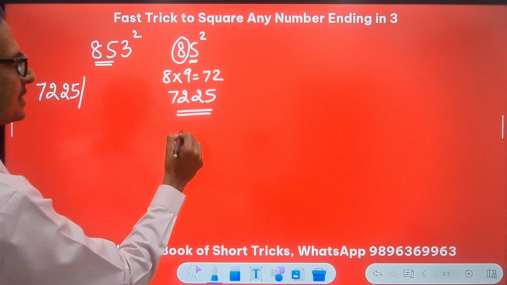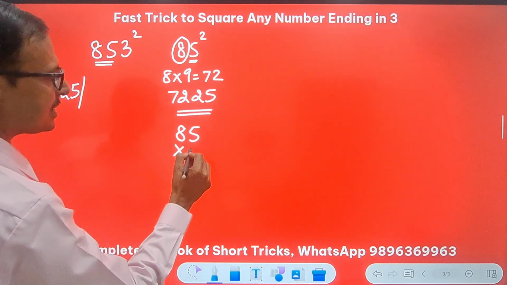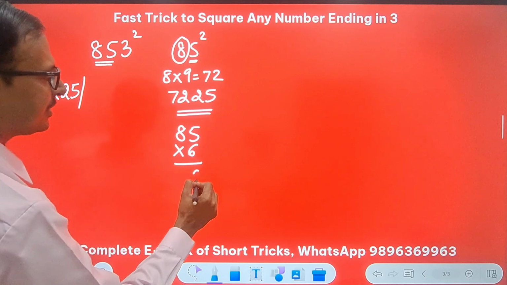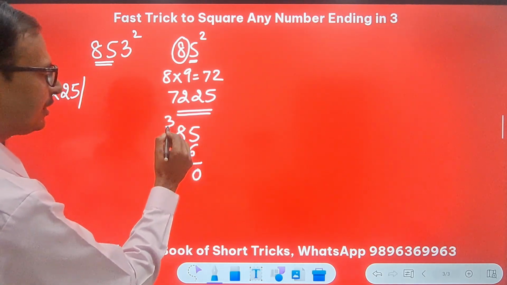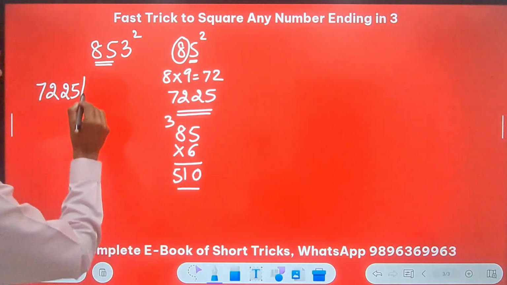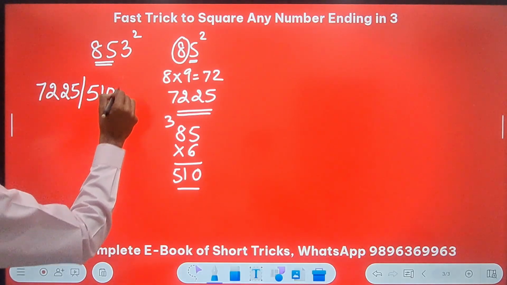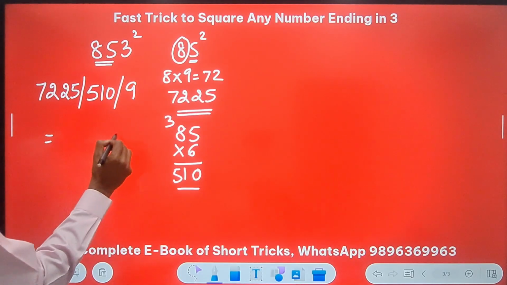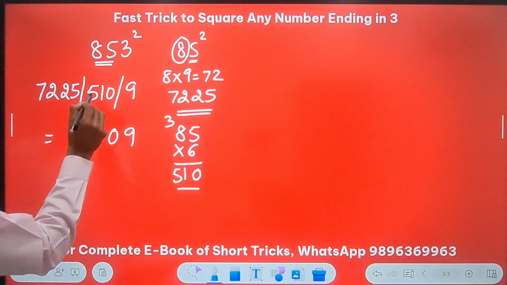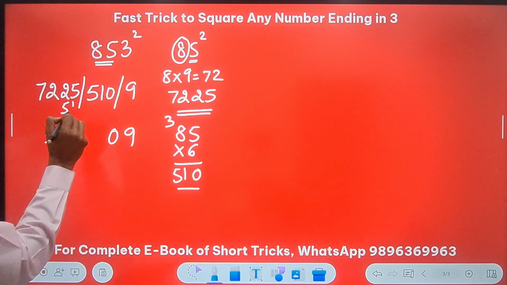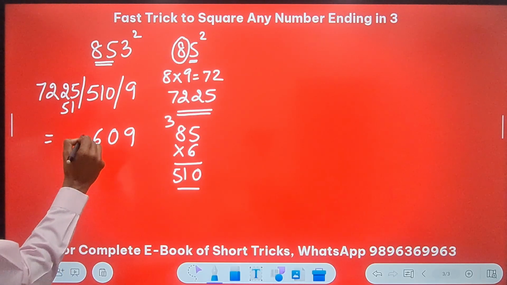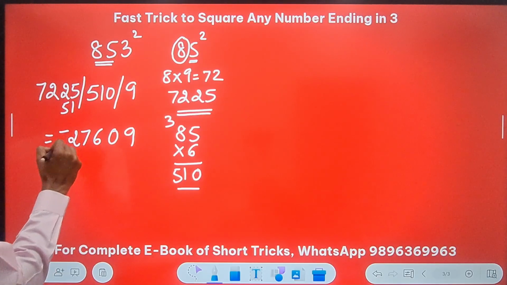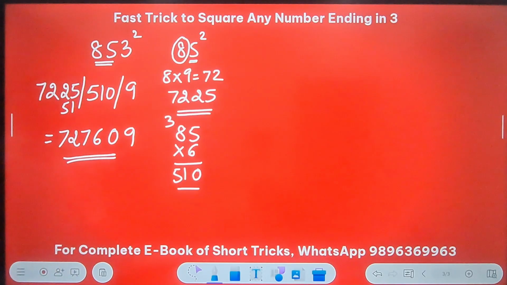The second part is 85 times 6. So 6 5s are 30, 6 8s are 48, 51. So 510 forms the second part, and the 9. So your answer is 9, 0. The 51 gets carried forward. So this is 7, 2, 7. There we go. 727609 is the square of 853.